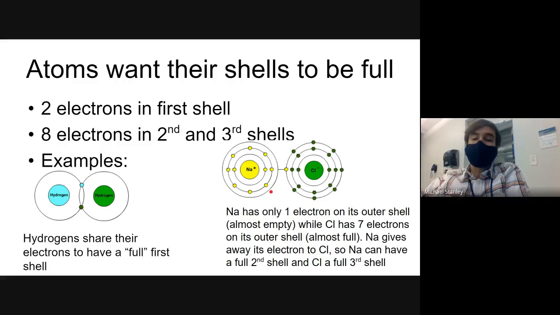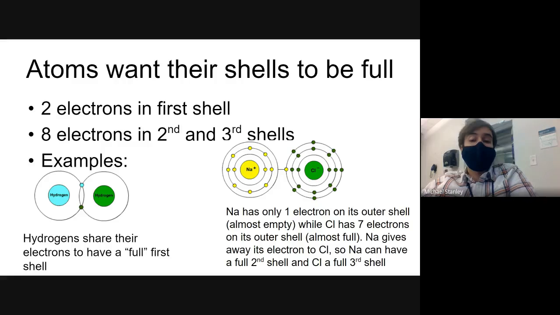Other atoms will donate their electrons so that they can lose an outer electron and have a full second shell, or they can gain an outer electron in order to fill in their almost full shell. So with the example of sodium and chlorine, sodium has 1 electron on its third shell. Chlorine has 7 electrons on its third shell.